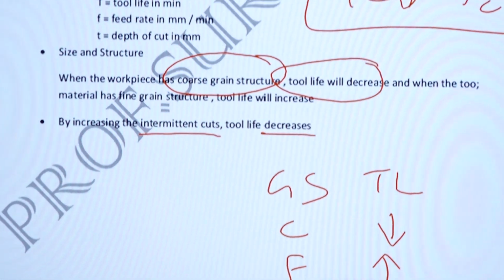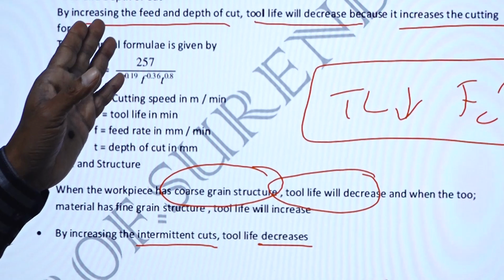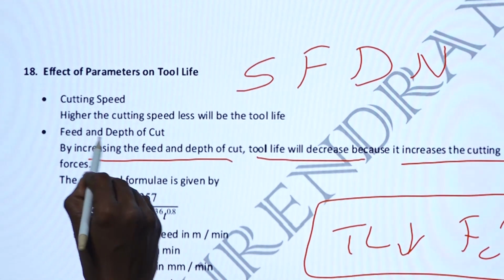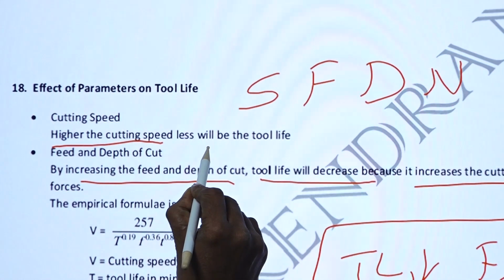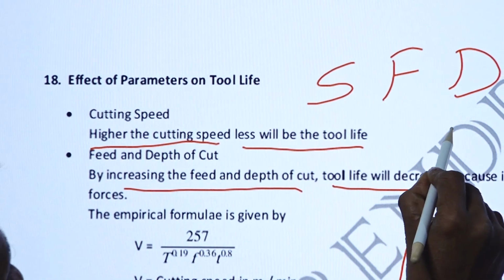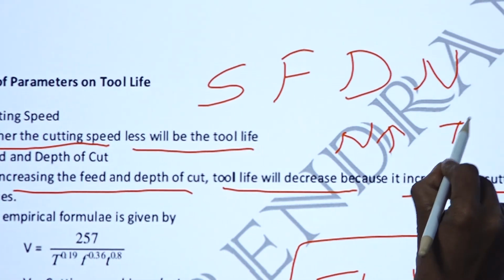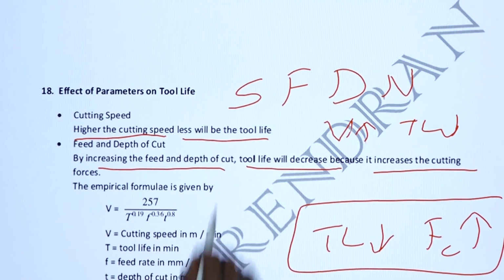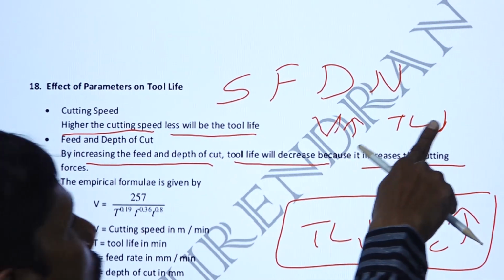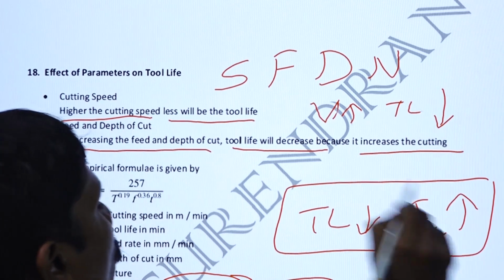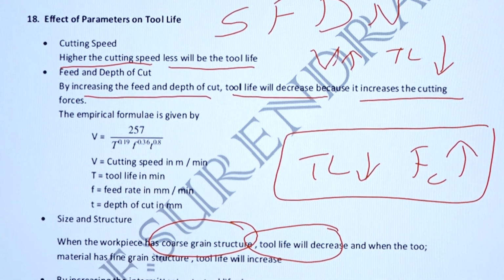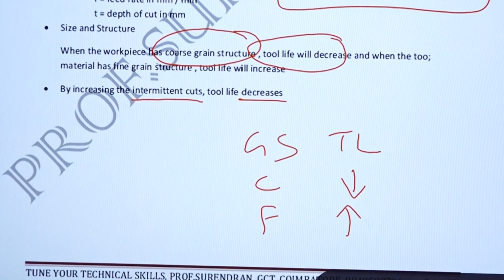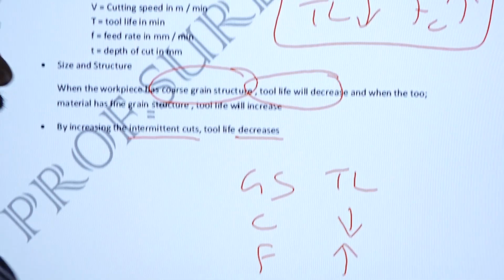So these are some of the parameters to remember. First, the cutting speed: the higher the cutting speed, the less the tool life. Cutting speed increases, tool life decreases. Similarly for feed, coarse grain and increment in cut. These are the tool life affecting parameters to remember.